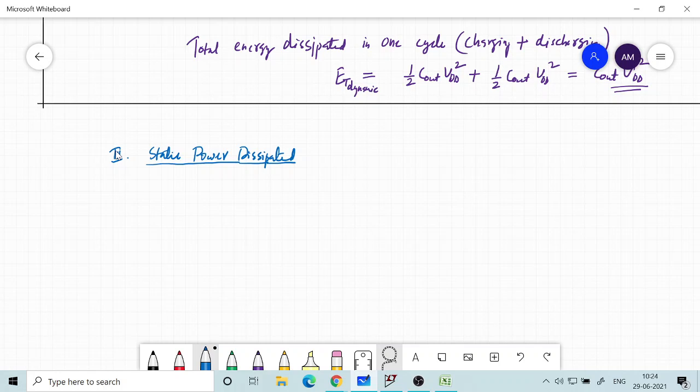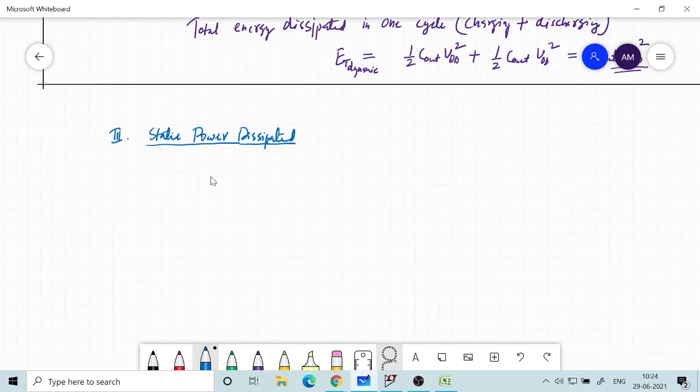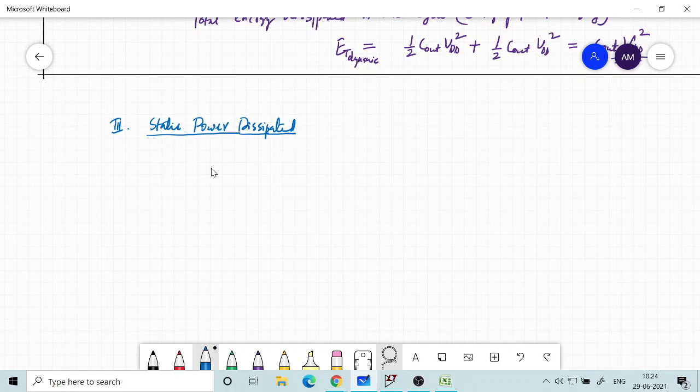So to find out this power, we have to go to the current transfer characteristics, which we have already done in static analysis. If you remember the graph, this is the triangle which we just now saw.